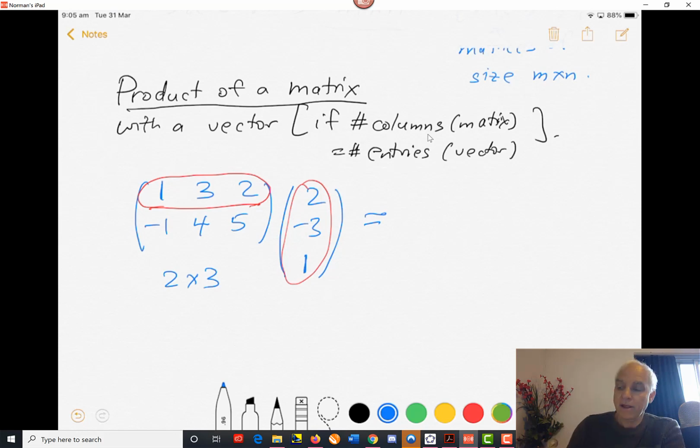That's the first entry of our product. The second entry is what we get when we take the second row and multiply it by the same column, the only column on the right-hand side. We get minus 1 times 2 plus 4 times minus 3 plus 5 times 1.